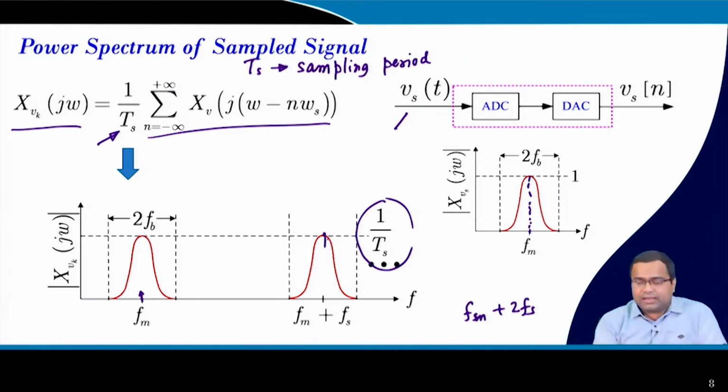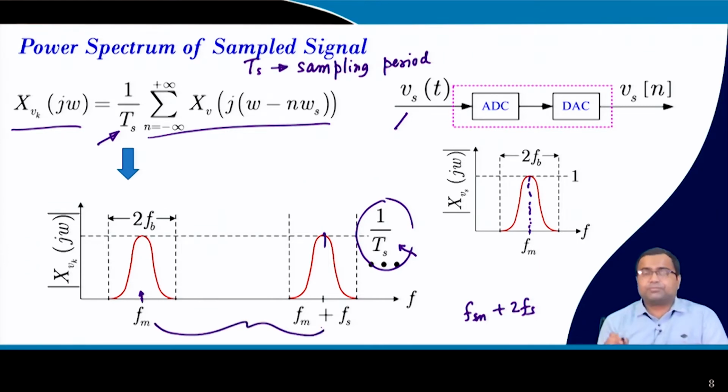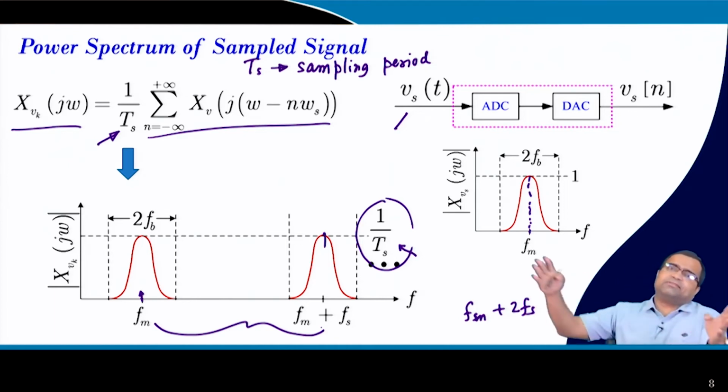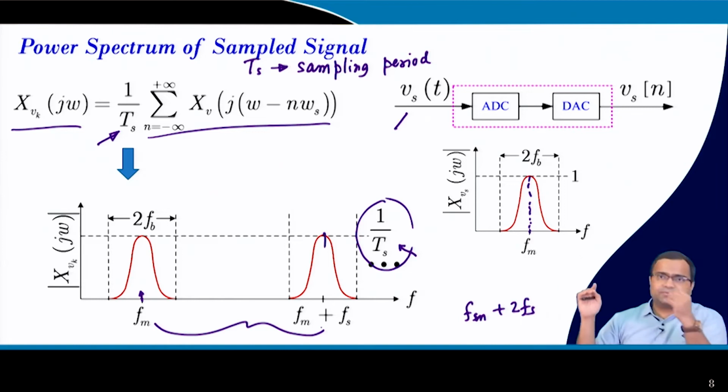Now if we decrease this Ts, that means if the sampling rate is increased, the distance between these two spectrums will keep on increasing. So, as if then your another band will repeat after a very long time. Okay?